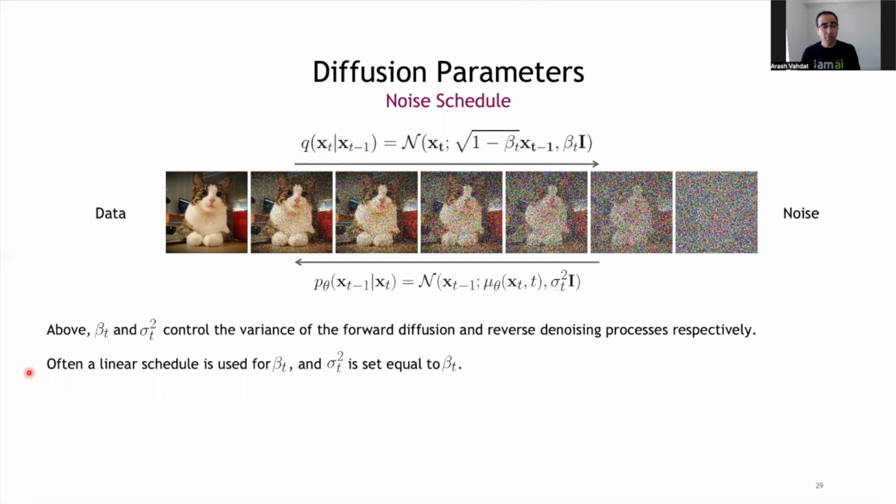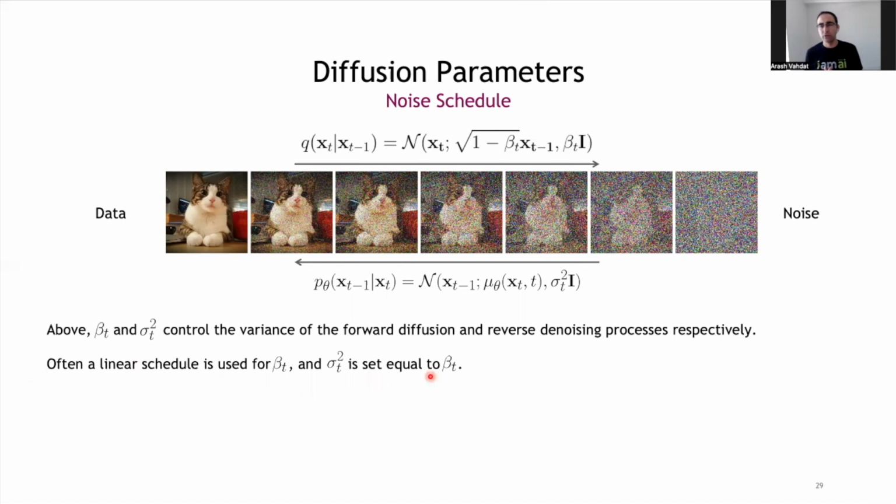So one common assumption is that most papers follow the Jonathan Ho et al. NeurIPS 2020 paper, where they use beta t's that are defined using just a linear function. These beta t's start from small values, and they gradually grow to some larger value through a linear schedule. And it's also common to assume that sigma t squared is just set equal to beta t.